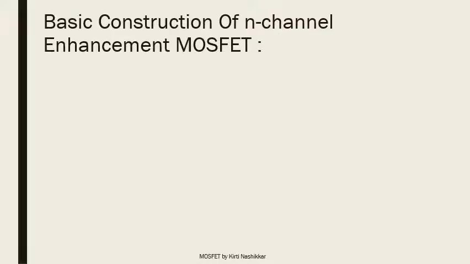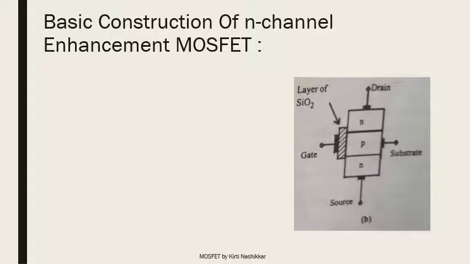Now let us see the basic construction of N-channel enhancement MOSFET. As I told you, it is very similar to the depletion MOSFET. The only difference, as you can see in this diagram, is that the p-type substrate is extended till the SiO2 layer.